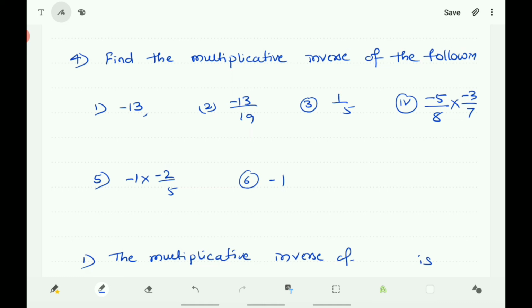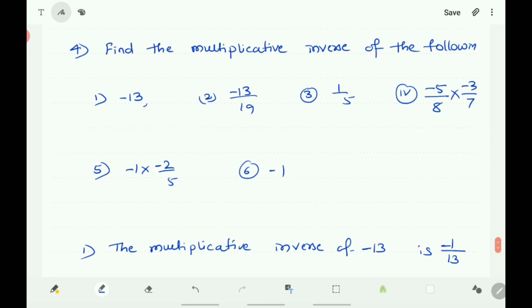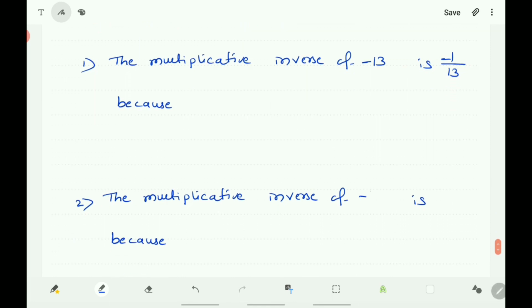Now here multiplicative inverse means reciprocal. And the multiplicative inverse of minus 1 by 3 is 1 by minus 3, or minus 1 by 3. Next, multiplicative inverse of minus 13 by 19 is 19 by minus 13, that is nothing but minus 19 by 13, because you know that in the rational number which is in the p by q form, q must be a natural number.